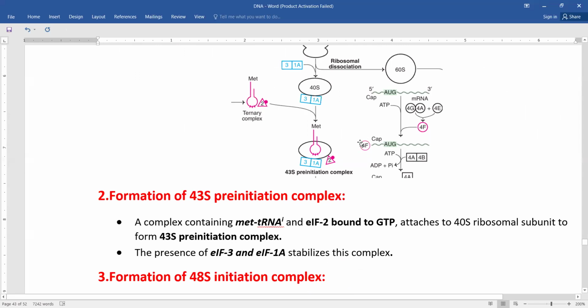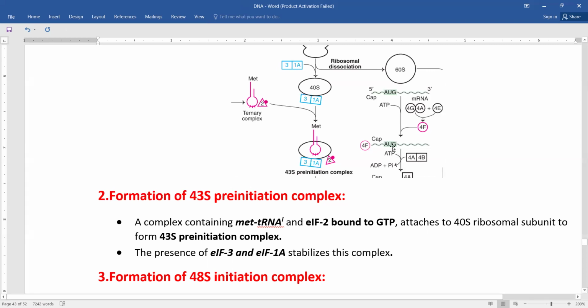So to this smaller subunit, this ready-made mRNA, which is activated, contains initiation factor 4F, and 4A, 4B. The mRNA containing all these is the activated mRNA. It binds to this 43S initiation complex, and so 43S becomes 48S. That's all. So this is the ready-made mRNA.